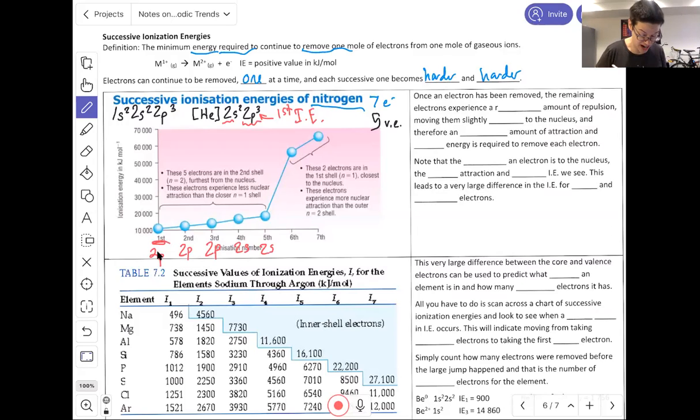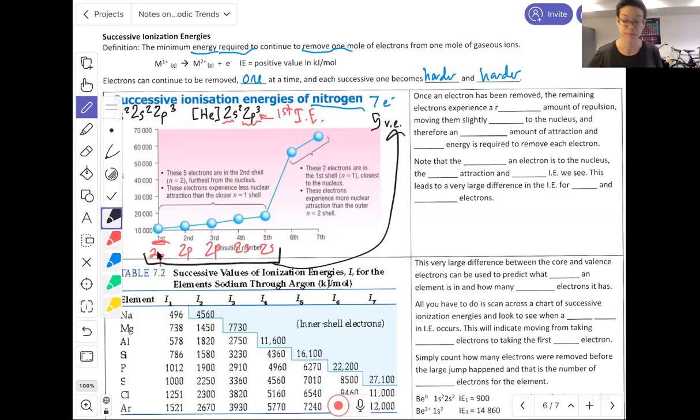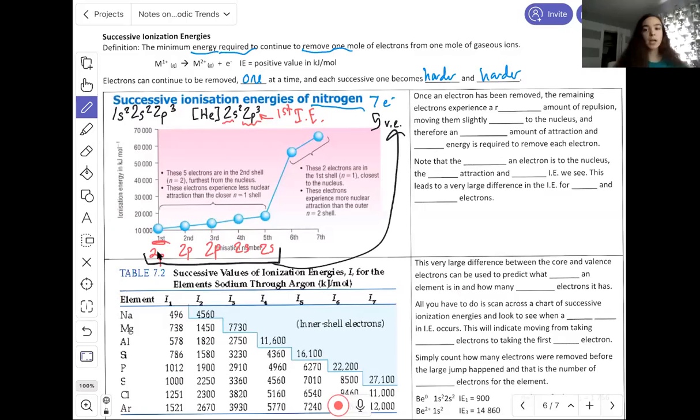So those 5 electrons right there, the 2p and the 2s, those are my valence electrons. I've pulled off all 5 of the valence electrons. And after I pull off 5 electrons, it's only got 2 electrons left. That 6th electron is coming from which energy level? 1s.